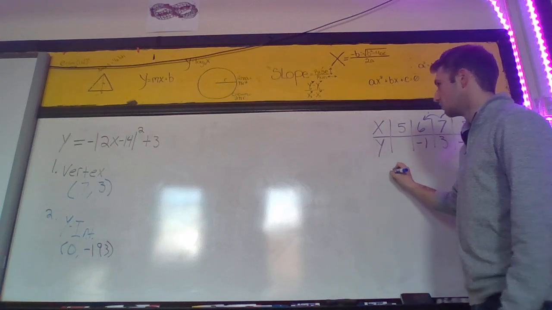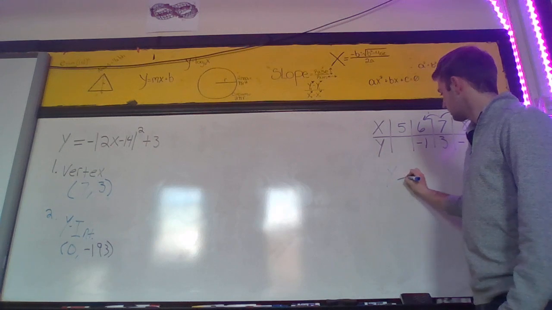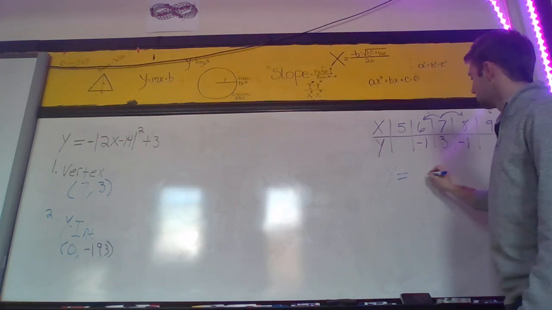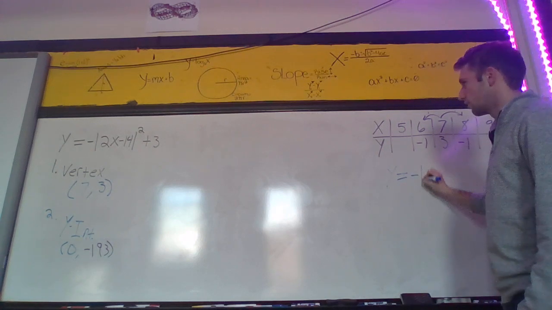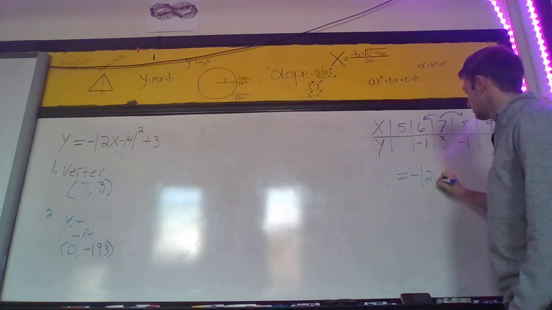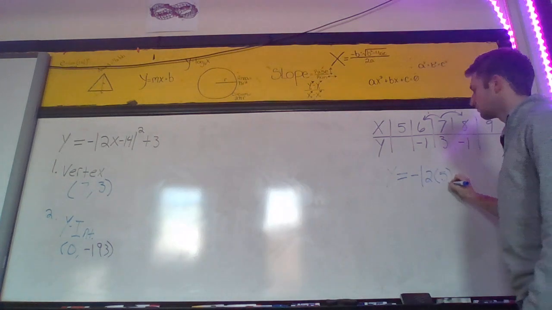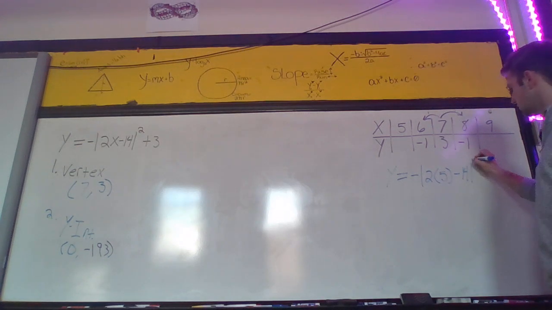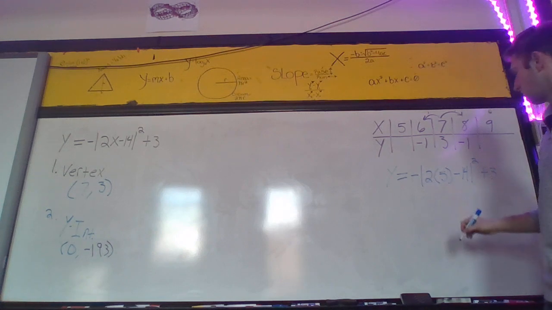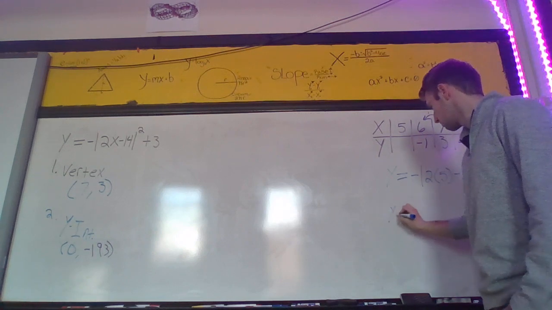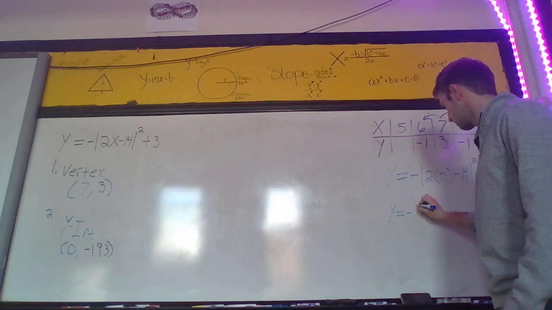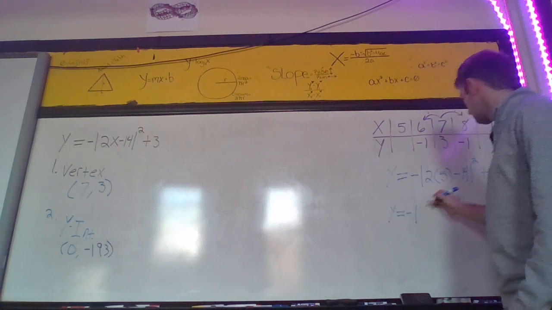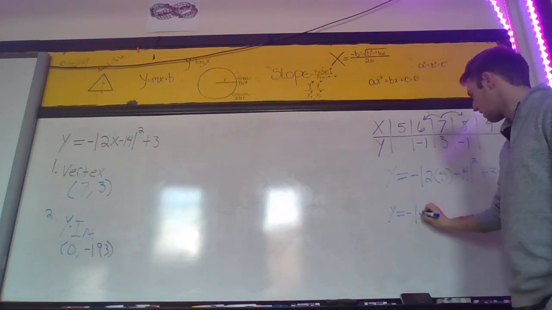So let's say y is equal to negative absolute value of 2 times 5 minus 14, squared, plus 3. 2 times 5 is 10, and 10 minus 14 gets me negative 4.